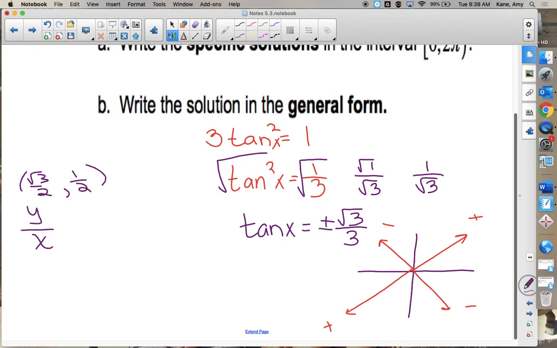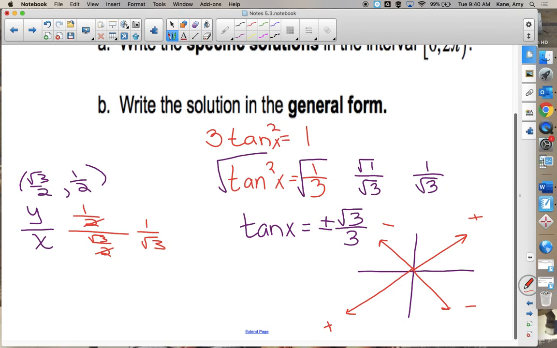So if we look at the square root of 3 over 2 and 1/2, how do you know that that makes the square root of 3 over 3? She said 1/2 divided by the square root of 3 over 2. Tangent is y over x, sine over cosine. So that does leave us with 1 over the square root of 3.